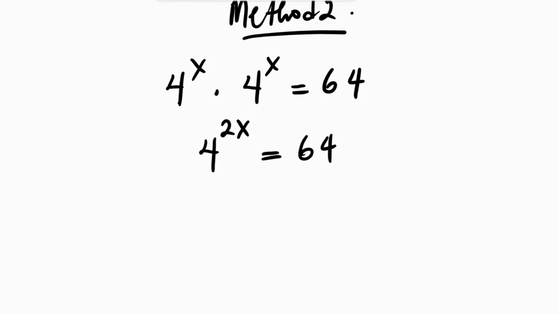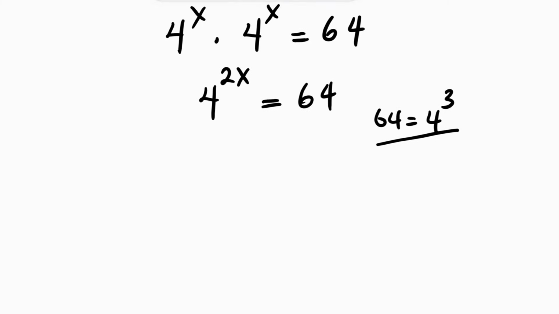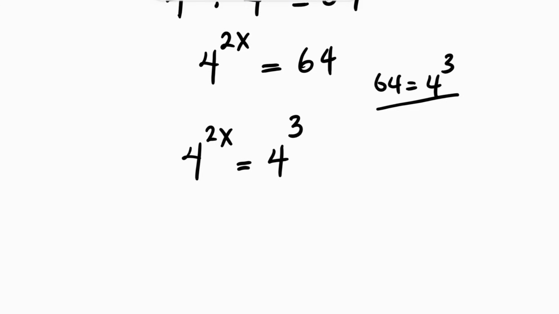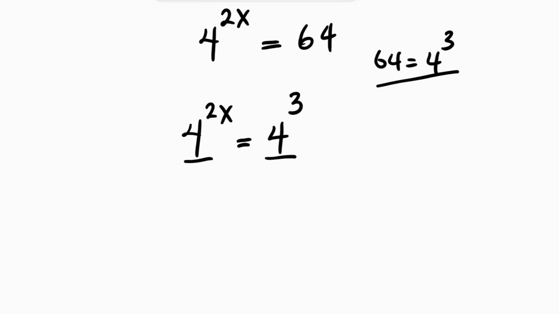Now, we know that 64 is the same thing as 4 raised to the power 3, right? So now we have 4 raised to the power 2x equals 4 raised to the power 3. We have the same base, so we can equate the exponents. So now we have that 2x is equal to 3.